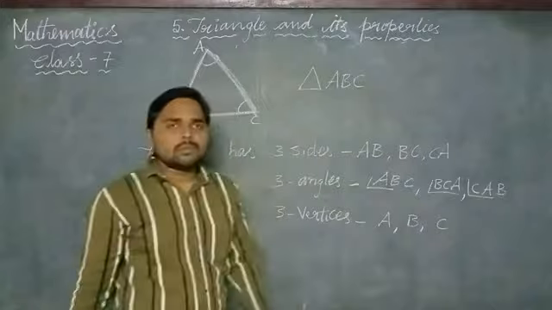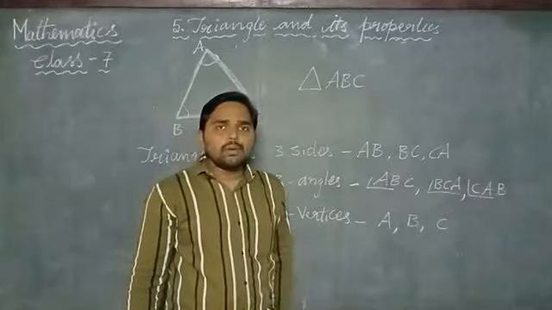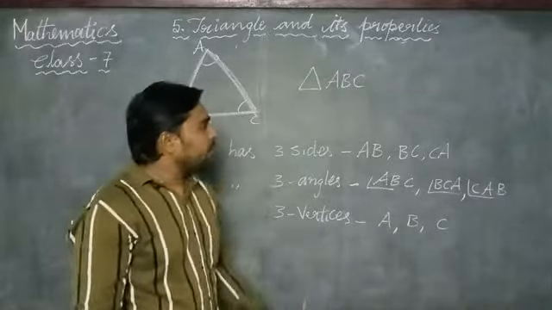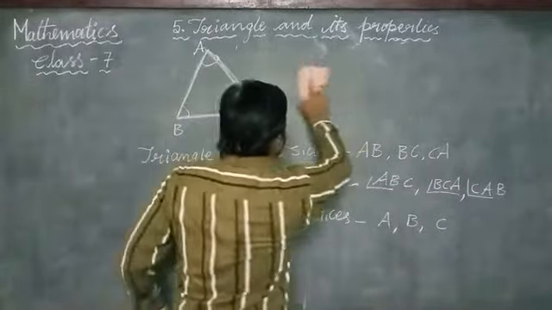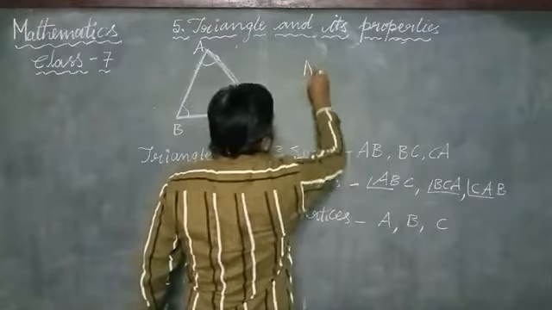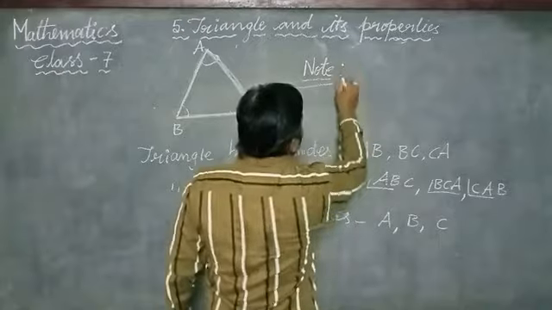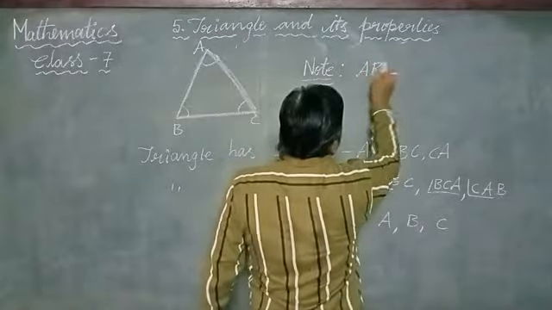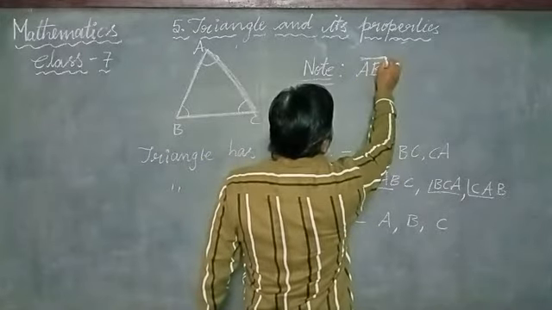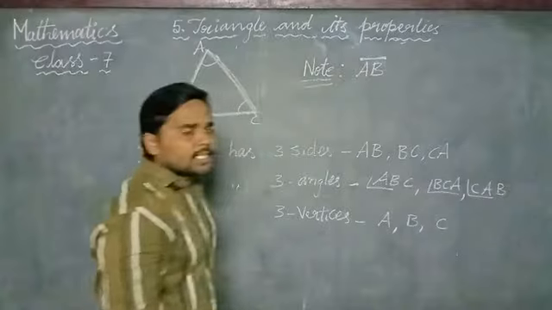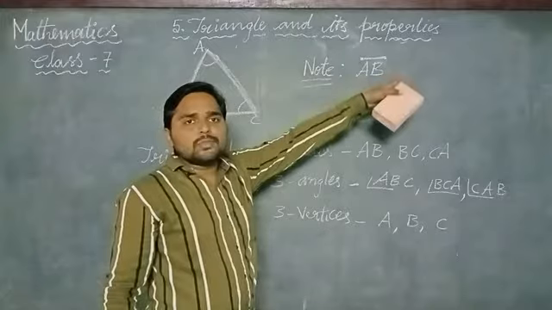Okay, now, one more point we have to note is the way of representing things in triangles. Make a note. Suppose you see just AB with this type of representation, it represents the line segment of AB.